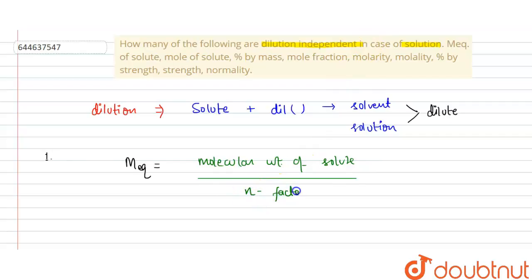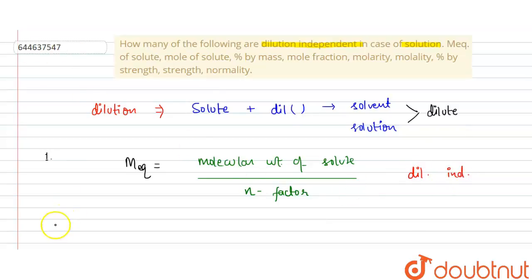What is this n factor? The n factor depends upon the structure. So this depends upon structure, and this is the solute. Here there is neither solution nor solvent. That means this is dilution independent.